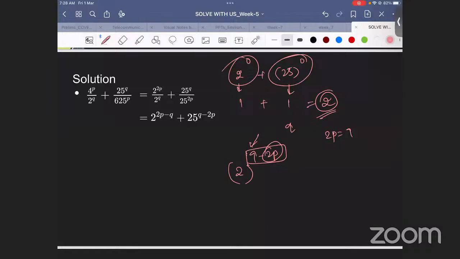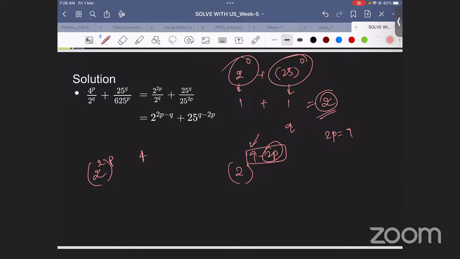Yes. Sir, can I do it this way? 2 to the power of 2p by 2 to the power of 2. No, I did 4 to the power of 2p, right?